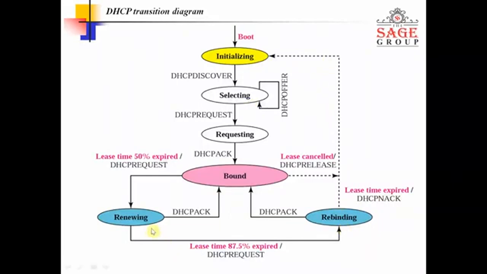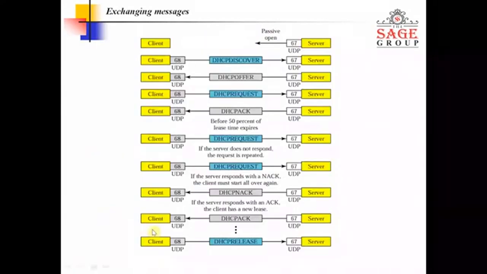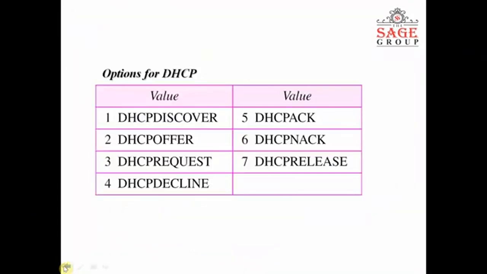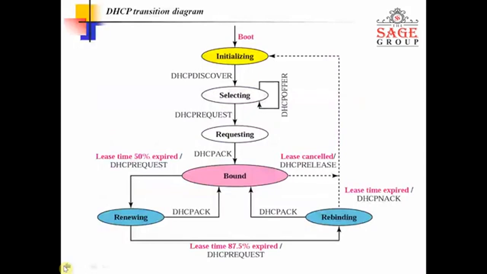When renewing has that tag, it applies the acknowledgement: I have to change my IP address, tell me the IP address. That is sent by renewing to the bound. Or if it doesn't get any acknowledgement, renewing sends this message to rebinding: I don't have any acknowledgement, I was renewing the IP address.